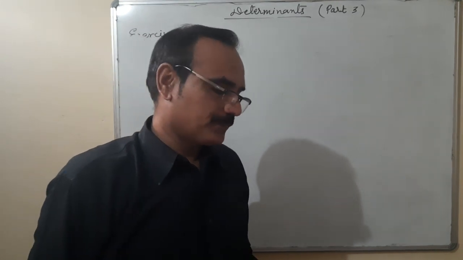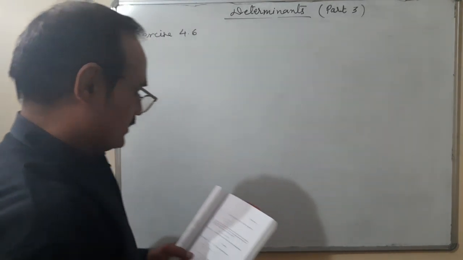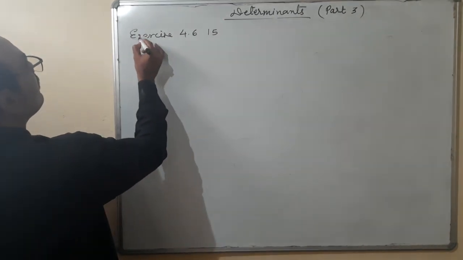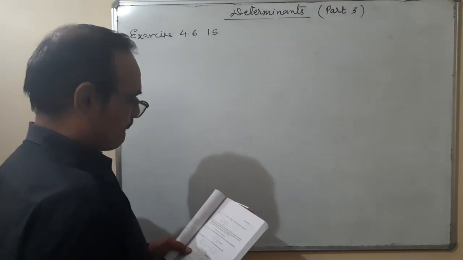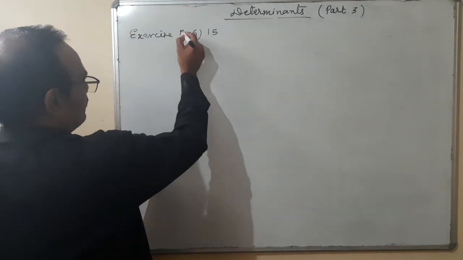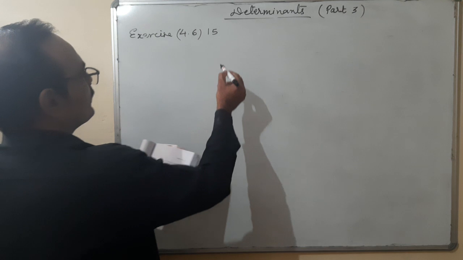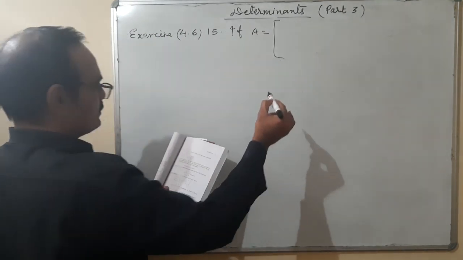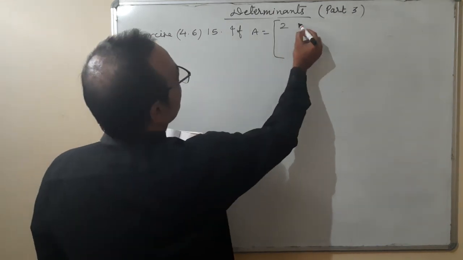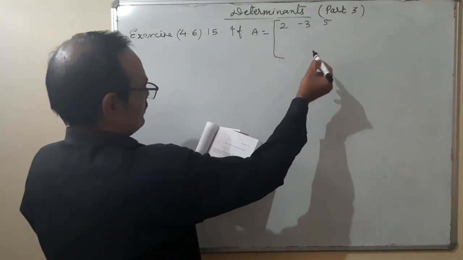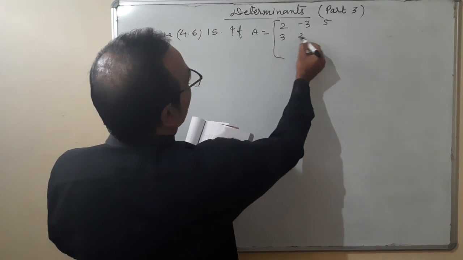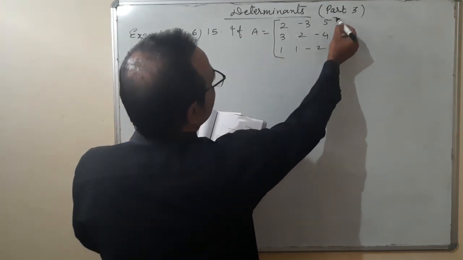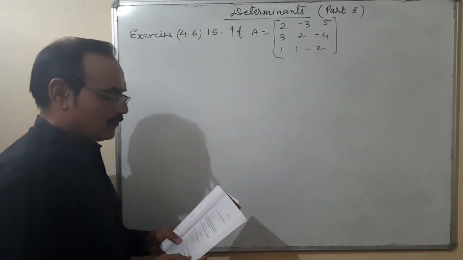Question number 15. If A is equal to 2, minus 3, 5, 3, 2, minus 4 and 1, 1, minus 2. Find A inverse.